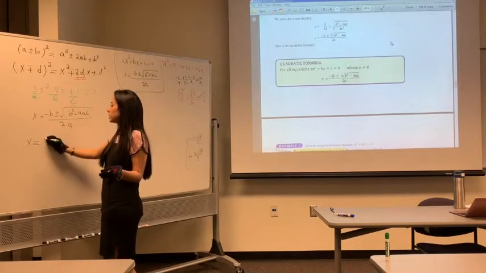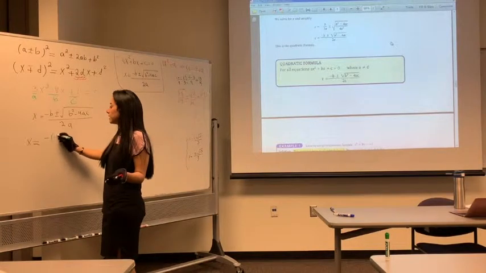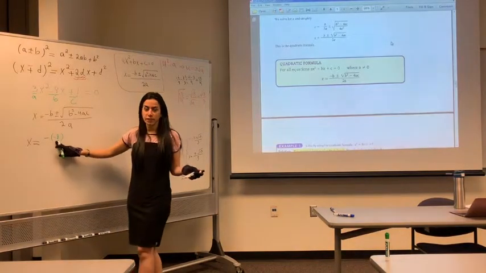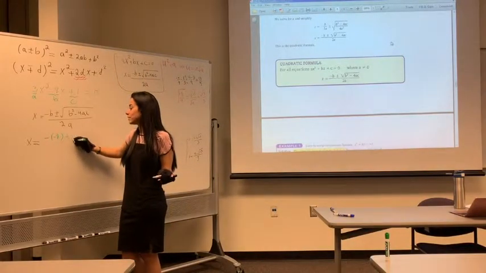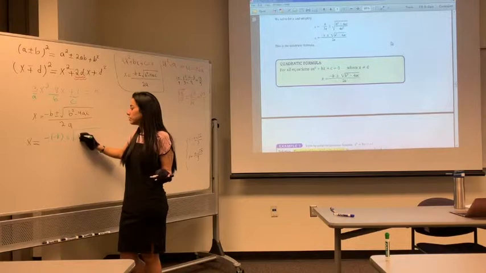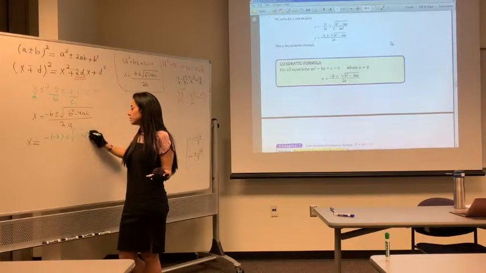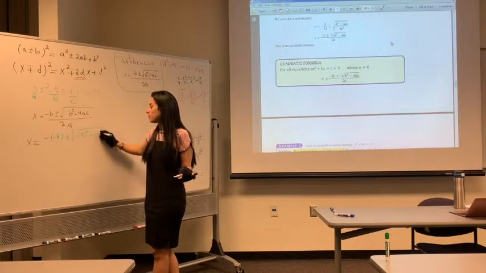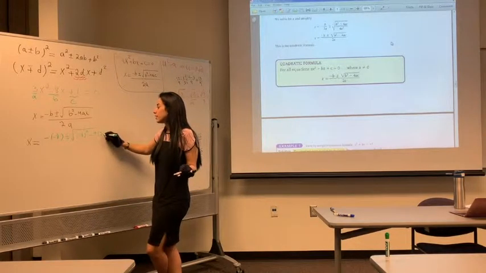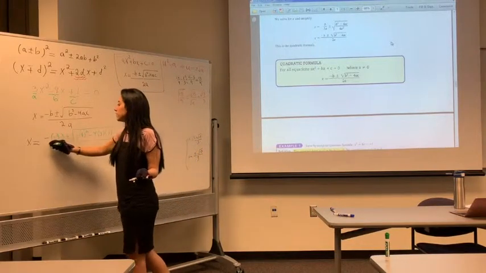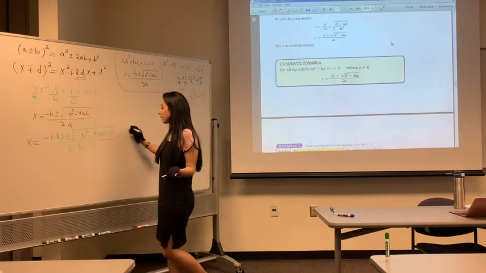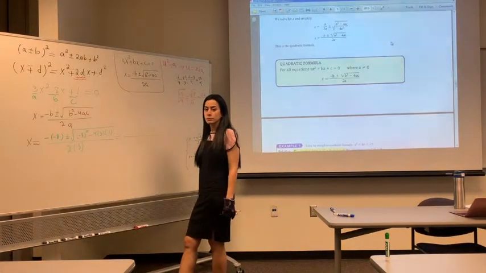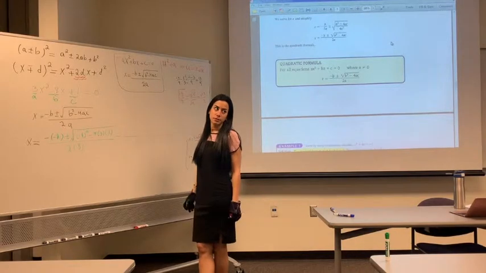You will have negative 8, because negative 8 is b, right? Plus and minus radical, again we have b squared minus 4 times a is 3, c is 1, divided by 2 multiplied by 3. Just replace all the numbers you have.